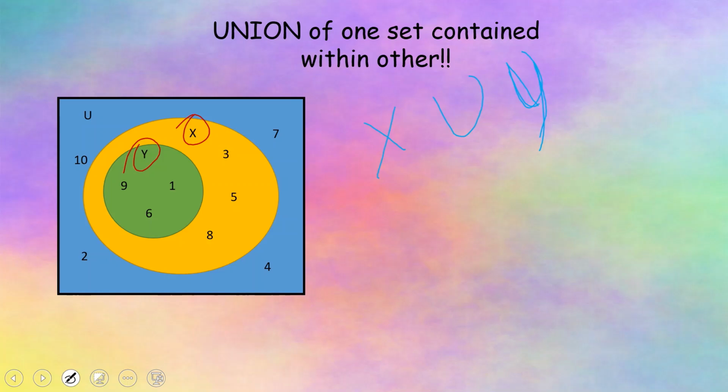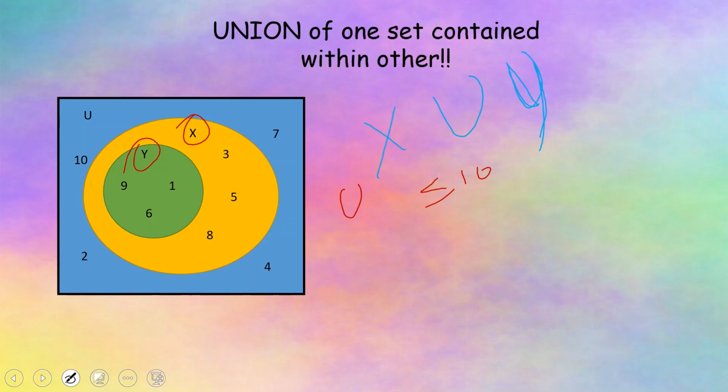The same elements 1, 6 and 9 are present in Y. The elements in Y are common with X, so you can tell Y is a subset of X. The elements 10, 2, 7 and 4 are in the universal set because the values of the universal set are natural numbers less than or equal to 10, so we have mentioned the remaining elements in the universal set.